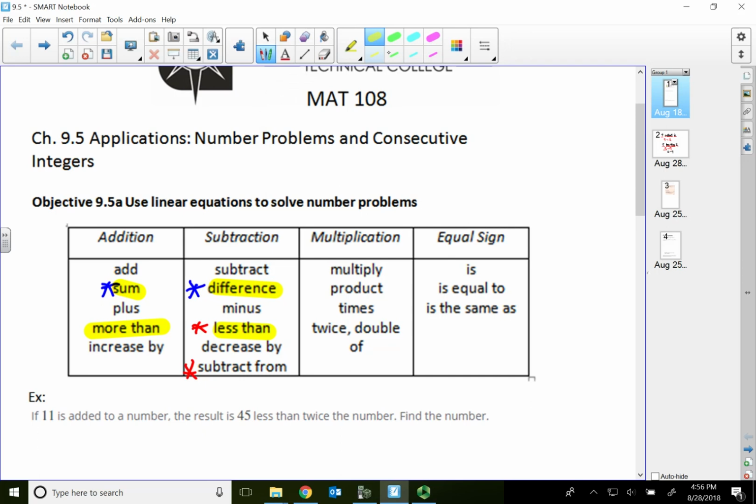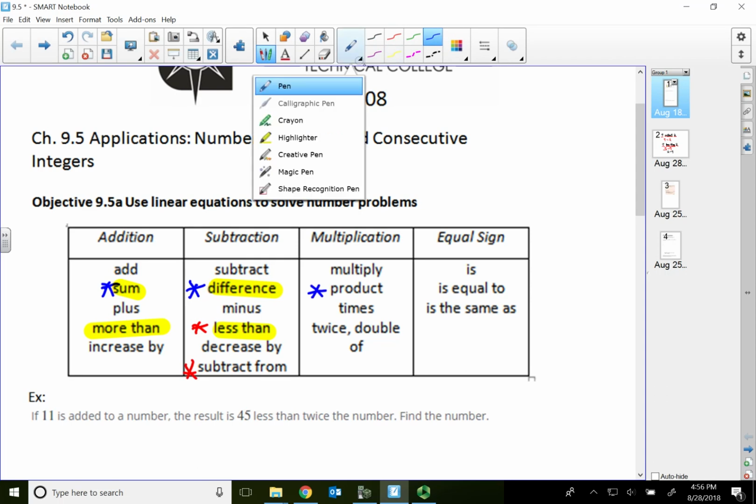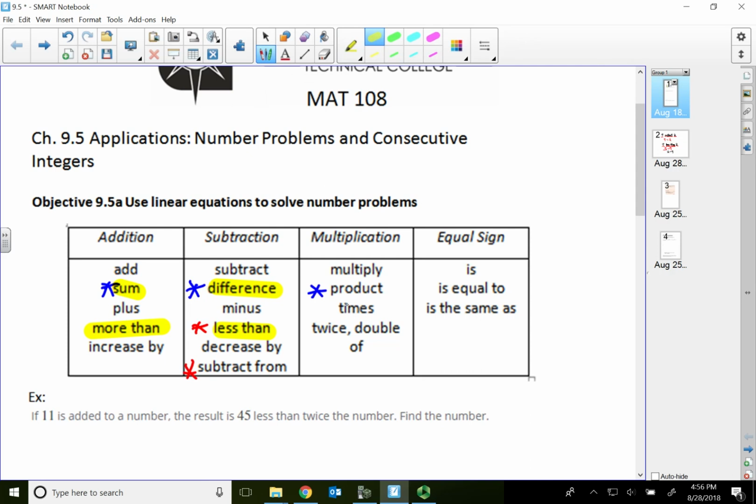Words that translate into multiplication signs. All right, just like the word sum and difference, the word product means multiplication. The word product also means the answer that I get after I multiply. We use the word times a lot. When you see the word twice or the word double, those will be translated as 2 times something.